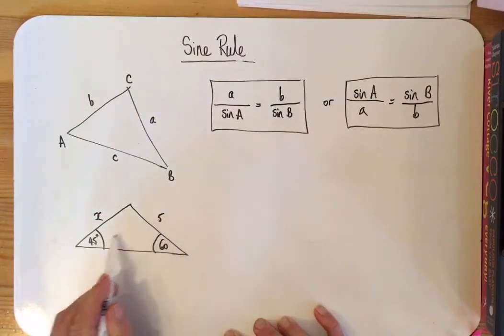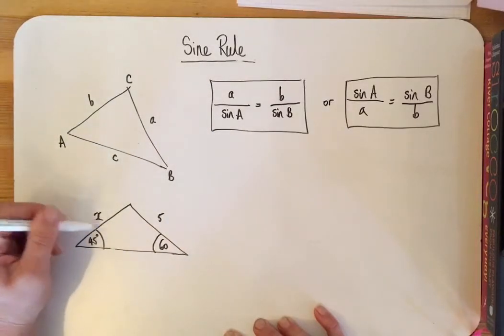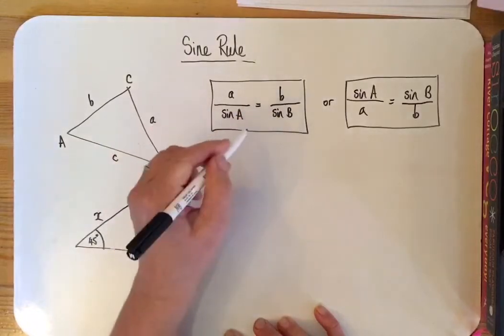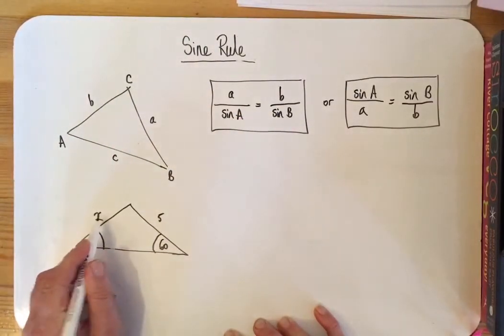Then I'm dealing with opposite sides and angles. Put your unknown on top. So if you want to find a length, put your length on top. I wouldn't start labelling it up A, B, C. Instead, I want a length, so the length goes on top.